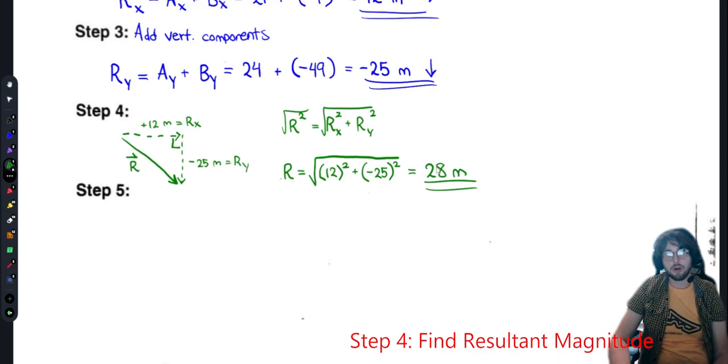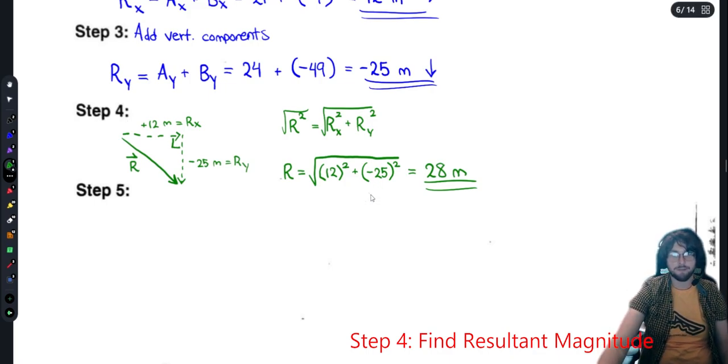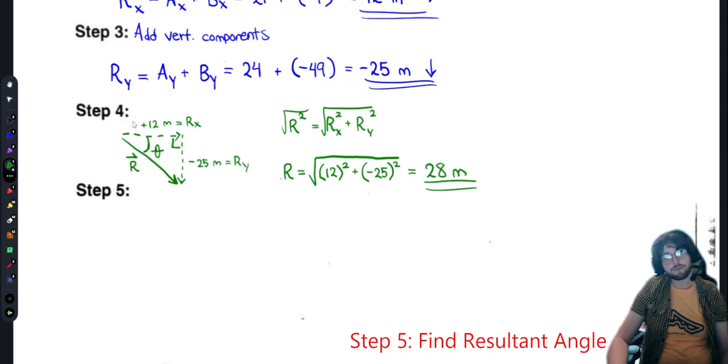Okay, so we now have how long our resultant vector is, but we still don't really know what angle it's at. It could be going in any direction. So what we need to do now is figure out the angle, which I'm going to draw onto our existing picture here. Let's say that we want to find it below the x-axis, like over here.